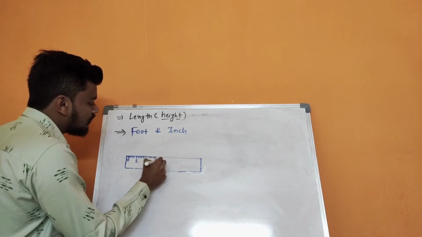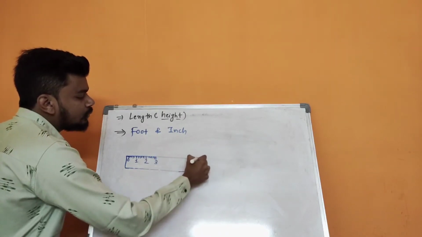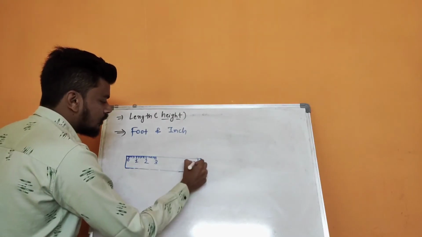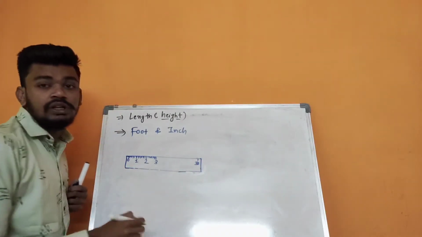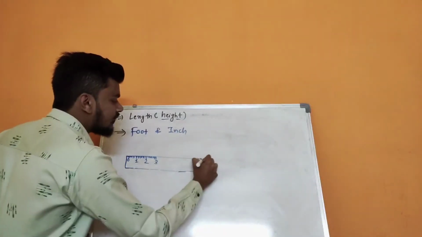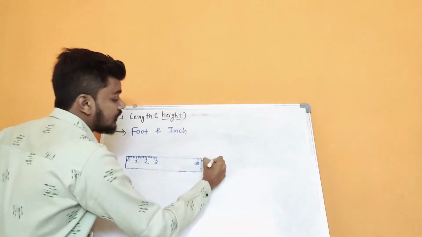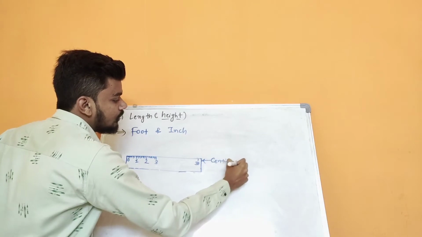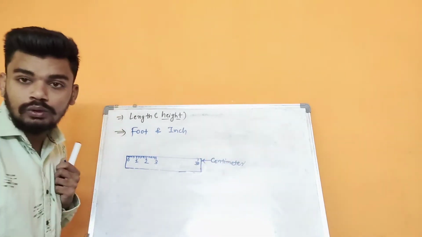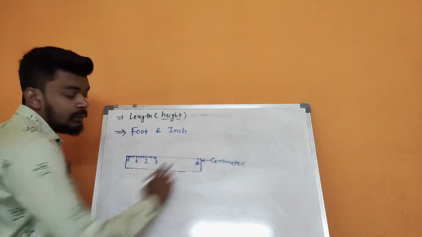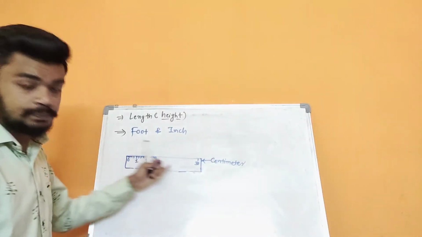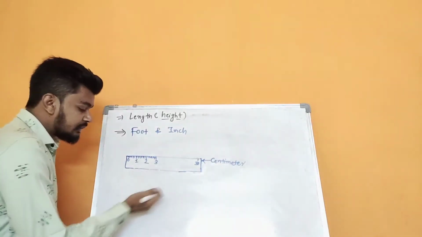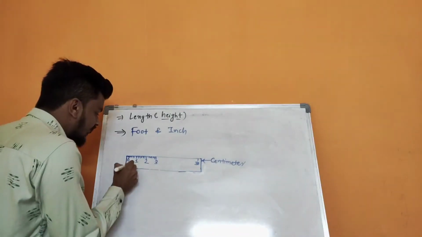I am drawing a rough figure, and it goes up to 30 or 15. The upper measurement is in centimeter. About that I guess you already know. The whole upper measurement is in centimeter, but the measurement below it is somewhat like this.